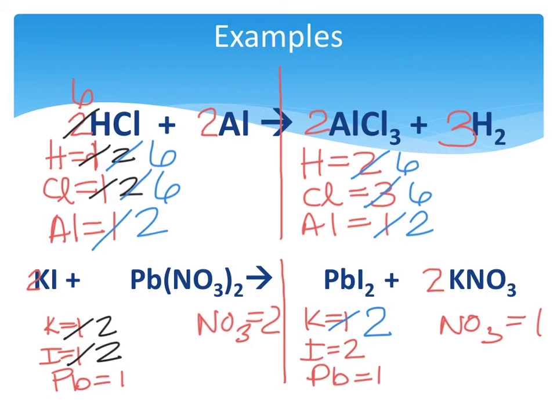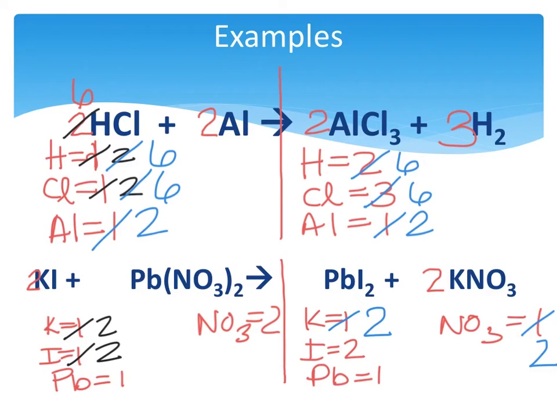And the other thing that's changed is my nitrate, that is a 2. So now let's see, we've done it, right? We have 2 potassiums, 2 potassiums, 2 iodines, 2 iodines, 1 lead, 1 lead, 2 NO3s, 2 NO3s. So we're good. So the final balanced equation is just as it reads here.